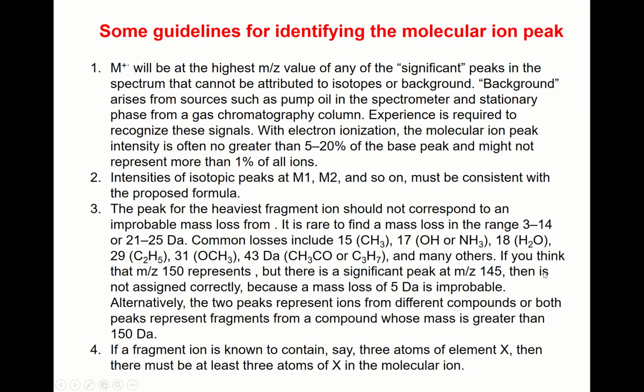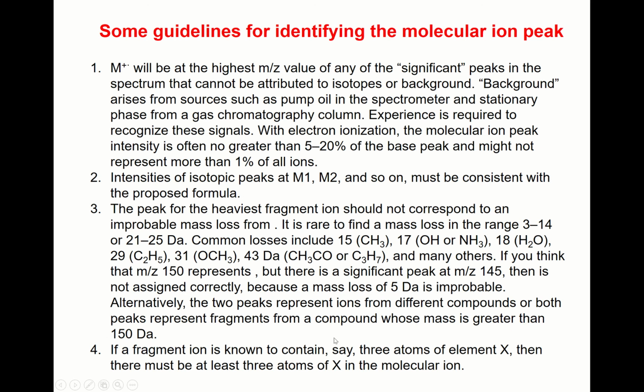That means, since there is only a 5 mass difference, mass 150 cannot be the molecular ion peak. Mass loss of 5 daltons is improbable. Alternately, the two peaks represent ions from different compounds, or both peaks represent fragments from a compound whose mass is greater than 150.